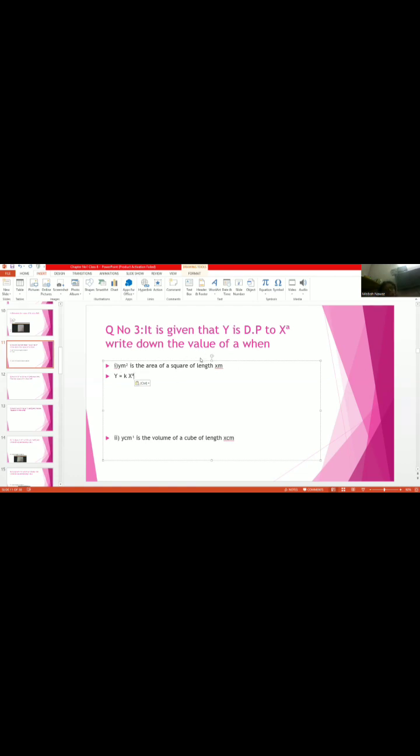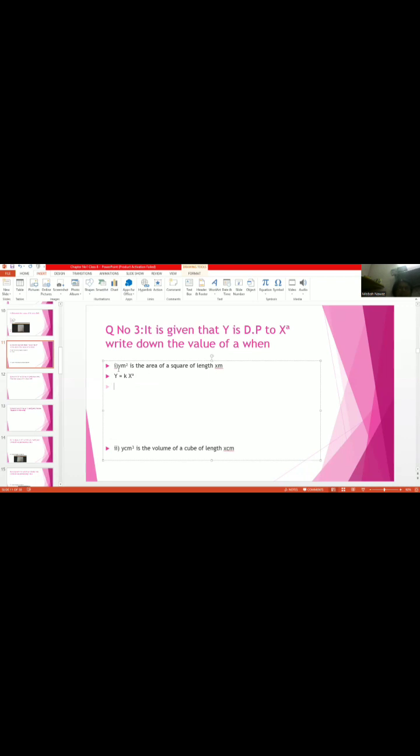Now, come to this point. Y meter square is the area of a square of length x meter. You know that whenever you have to draw a square, its length is equal to its breadth. So the formula used for the area is L into L. I think you all agree with this? Yes, L into L. They are saying y meter square is the unit, and here m is also meter.